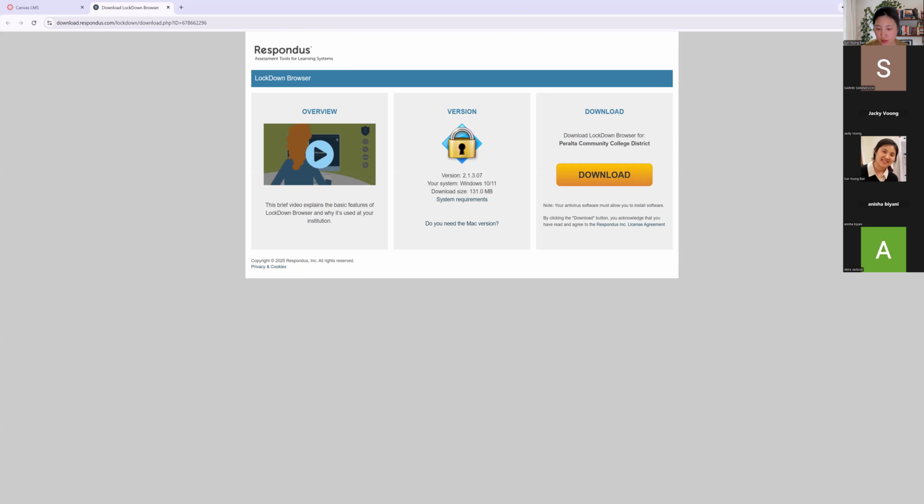So this is going to be Lockdown Browser, the one you downloaded. Click this, and they will show you the Peralta student page. Then you log in again to go to the student portal. Then you can go to Canvas, and that's going to be your Lockdown Browser.